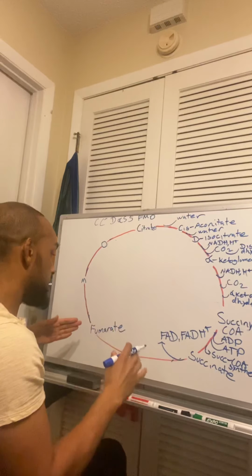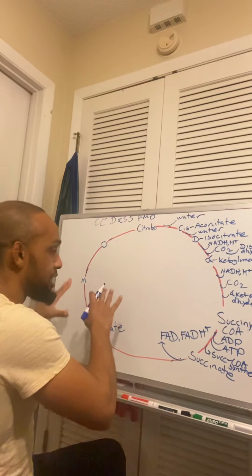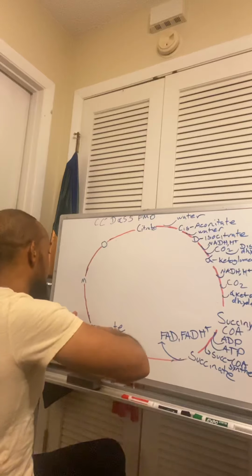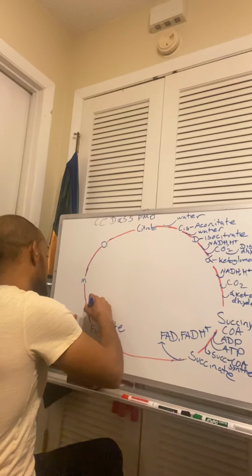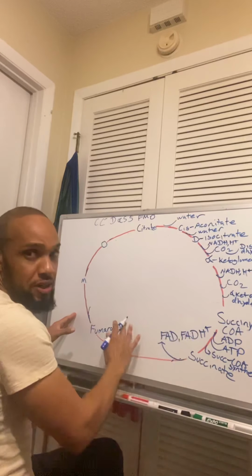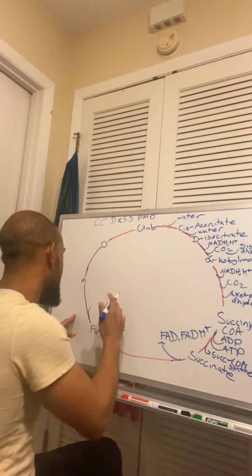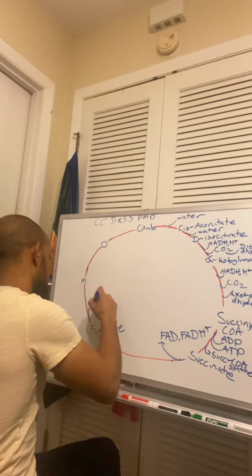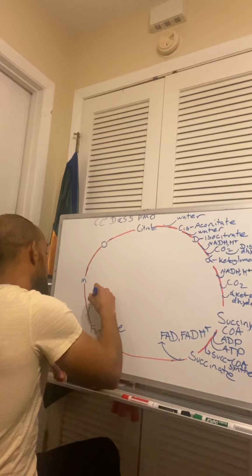Now, fumarate is a salt and ester, and then another enzyme is going to come in. You see the pattern here? Whenever there's a major substance, an enzyme comes in and acts upon it. Fumarase.